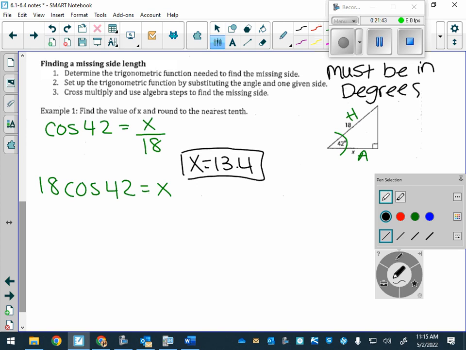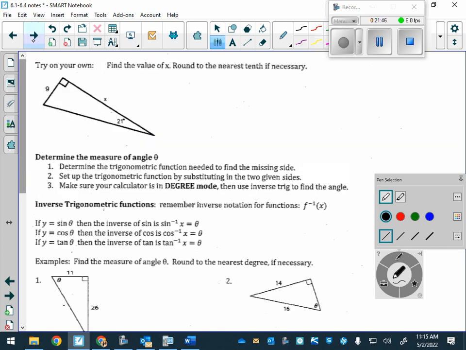If we go to the next one, you have 21. What's given to us? Adjacent and opposite. So what trig function uses both of those? Tangent.